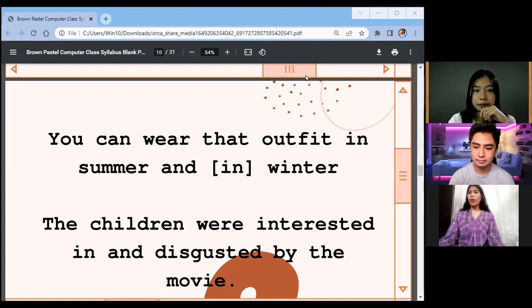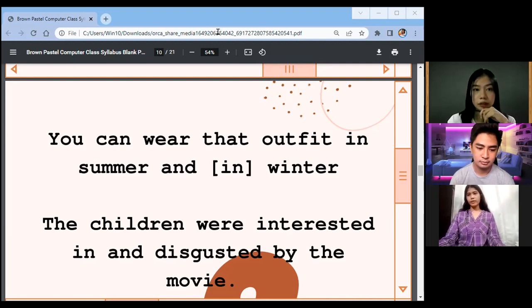Okay. So are we going to use it twice or once only? Once only po. Okay, thank you. In the second sentence, what are the prepositions used? In the second sentence, the prepositions are in and by.